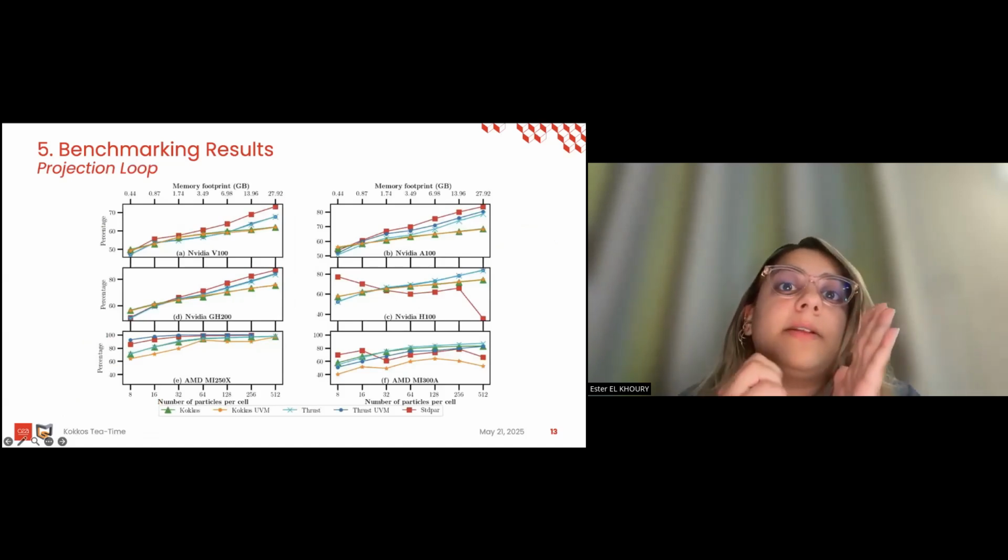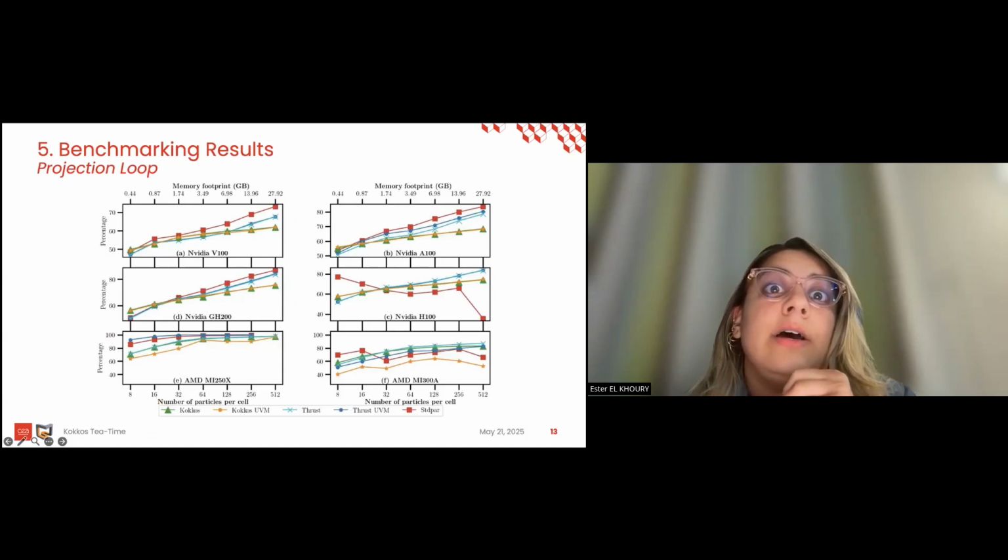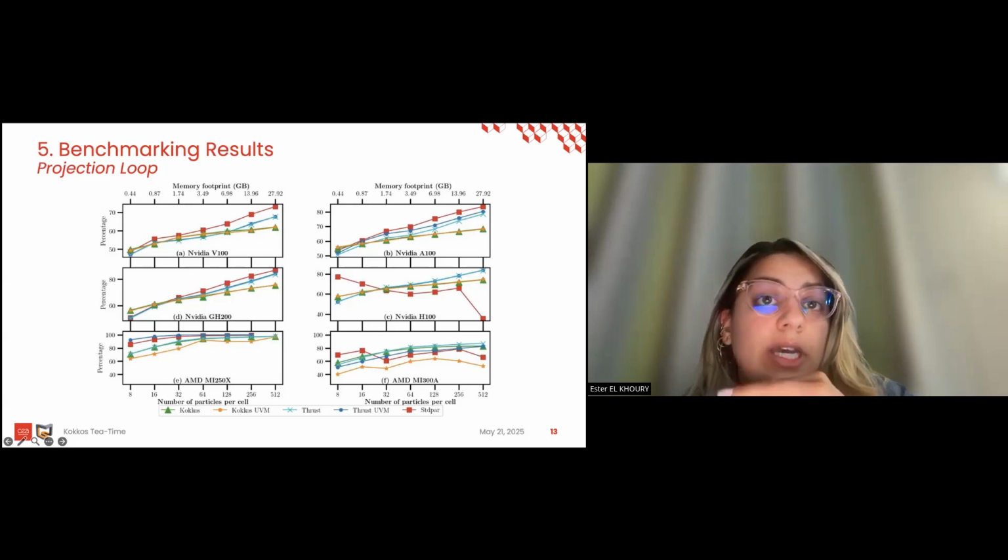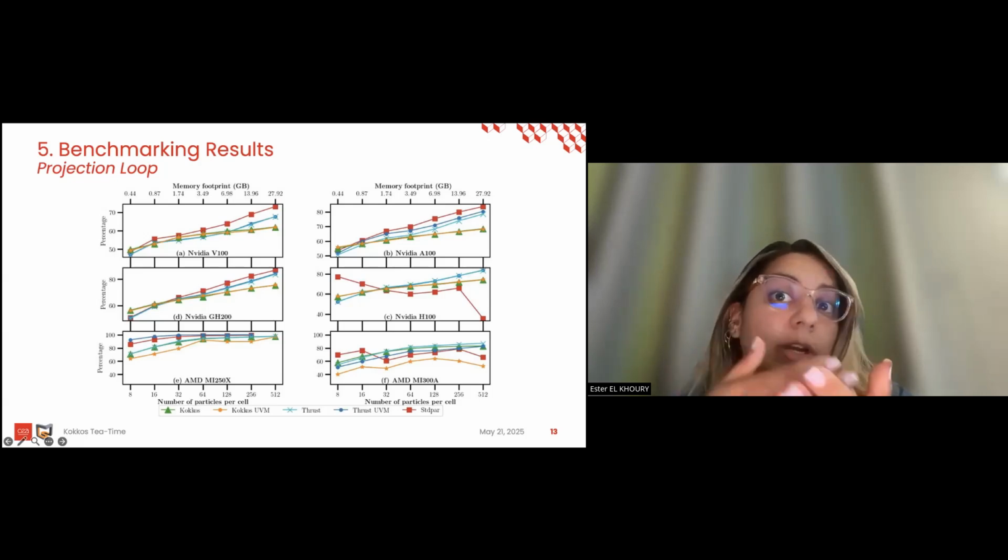These performance results that we have seen are strongly influenced by the projection operator, and it dominates the total runtime, as I mentioned earlier.